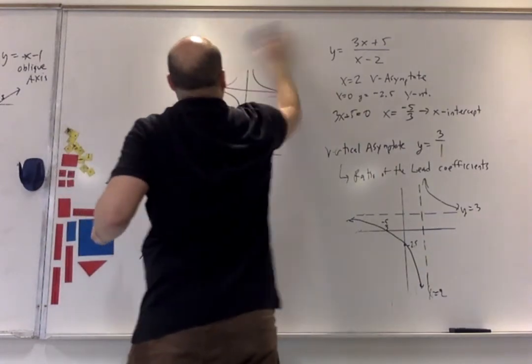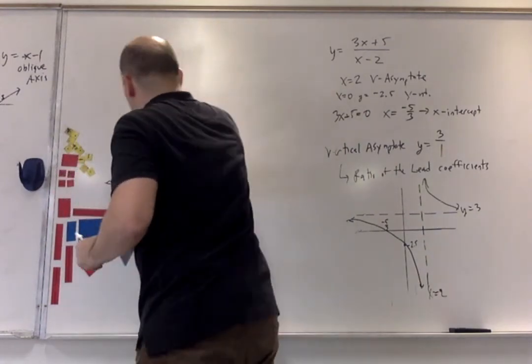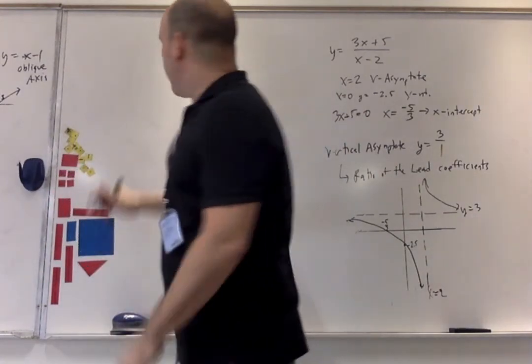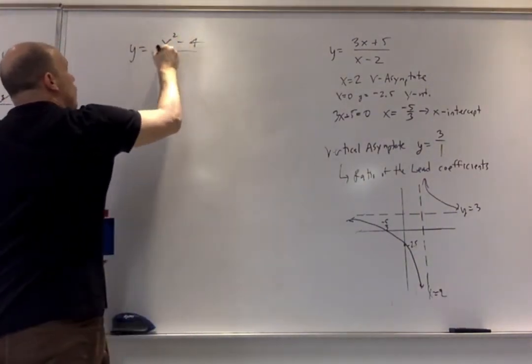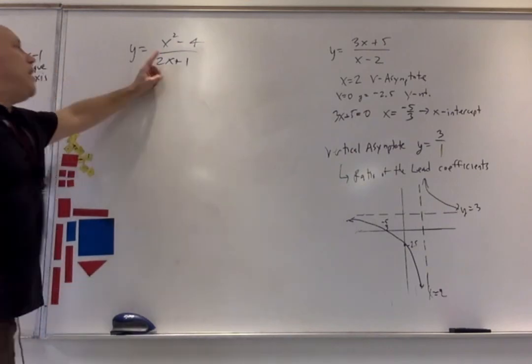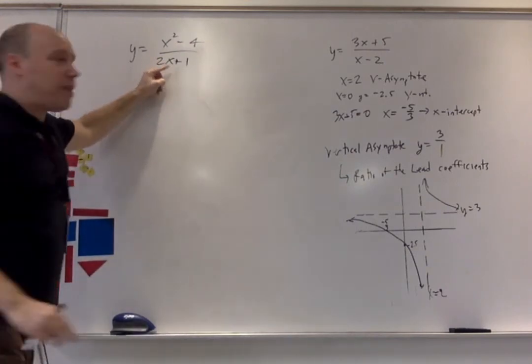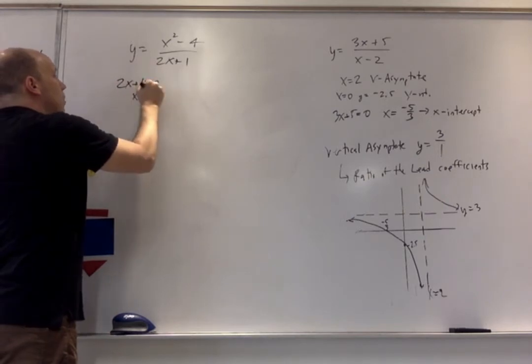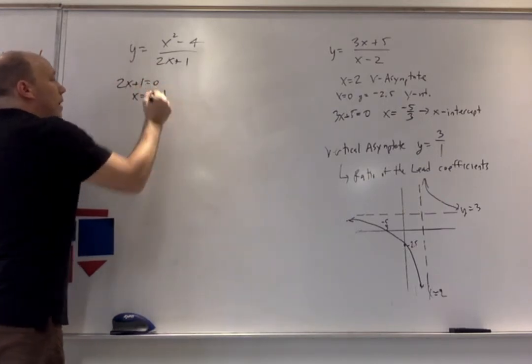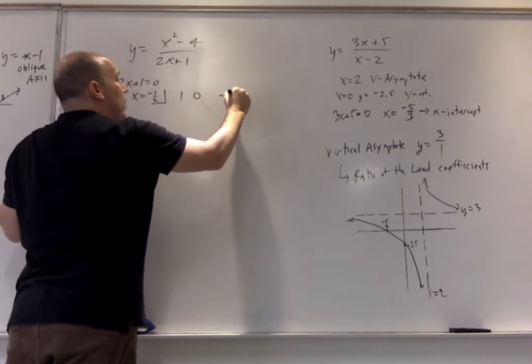Let's try another. I wanted to give you a problem that looked like this: y equals x squared minus 4 divided by 2x plus 1. If you do synthetic division with this, like I taught you, set it equal to 0, then x equals -1/2, put that in the perch, and do 1, 0, -4.